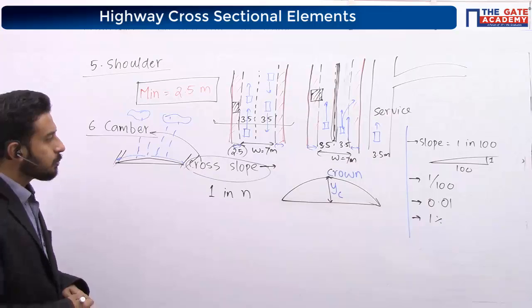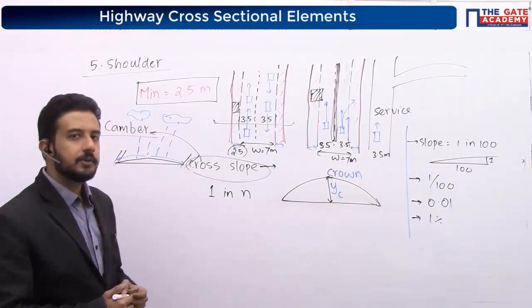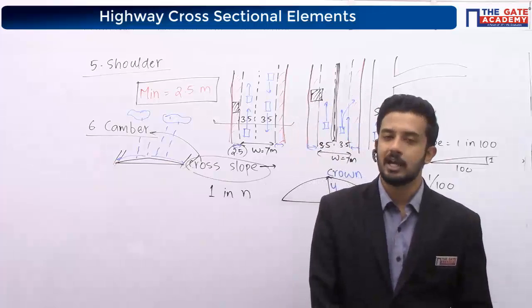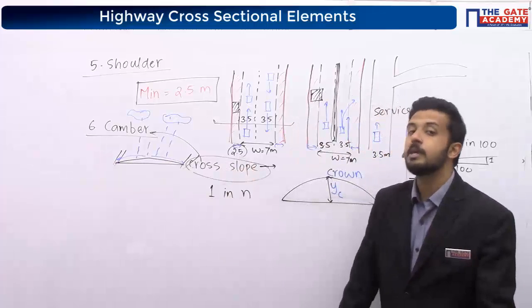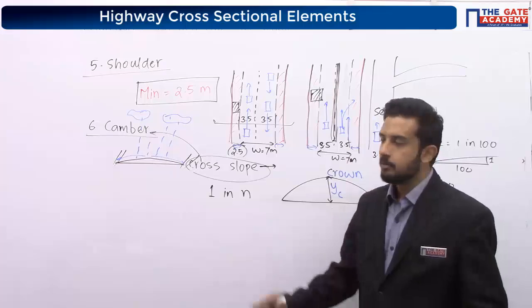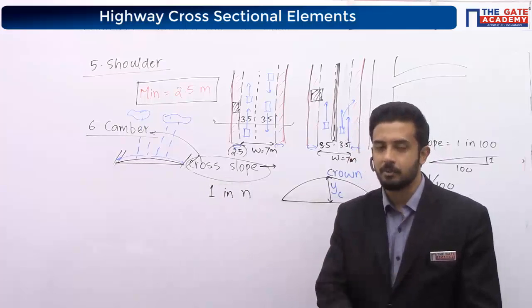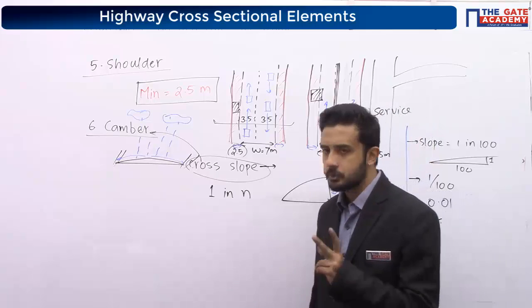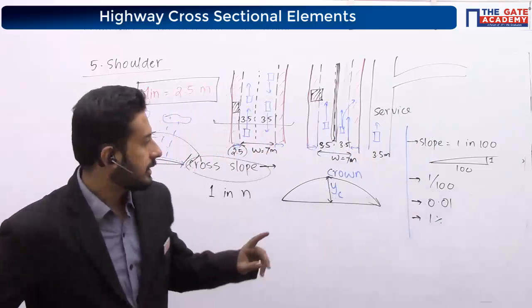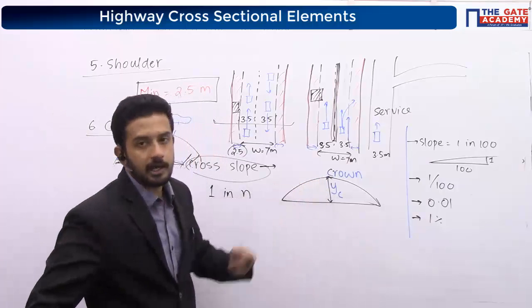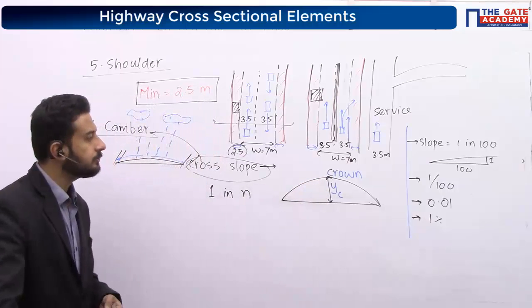Another thing is, in case they are not giving you the value of camber, IRC suggests some value for the camber. What should be the best camber for different types of road? That can also be a 1 mark question. So two things we have to study. One is the height of the crown, or the maximum height; that can be a 2 mark question.